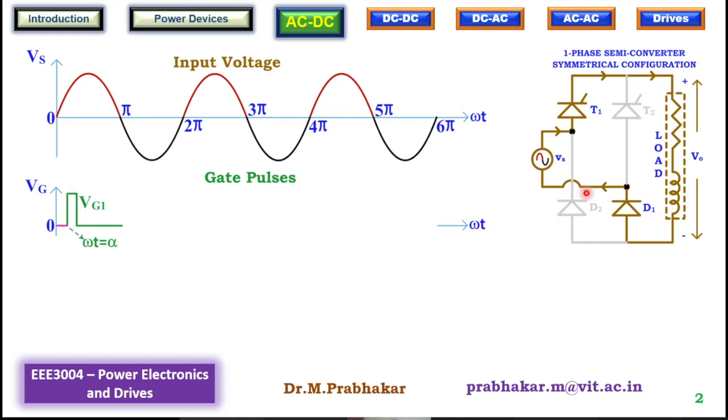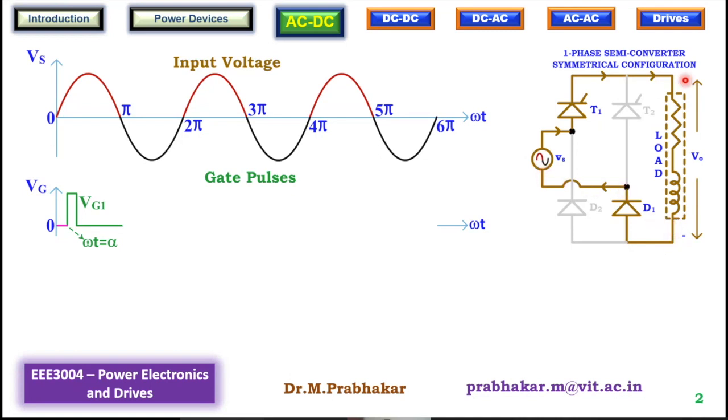The moment SCR T1 receives a gate pulse, it starts conducting. Therefore, current starts flowing from the positive of Vs through T1, and then through the load. The top terminal of the load will now be connected to the positive of the source. Therefore, the top terminal will be positive. Current continues to flow through the load. The bottom terminal will be connected to the negative through diode D1.